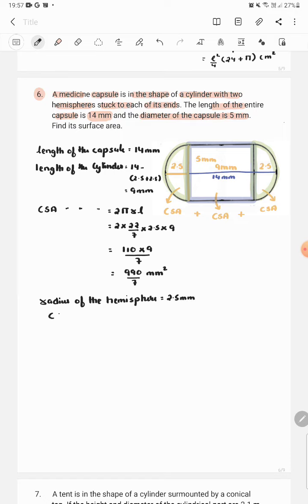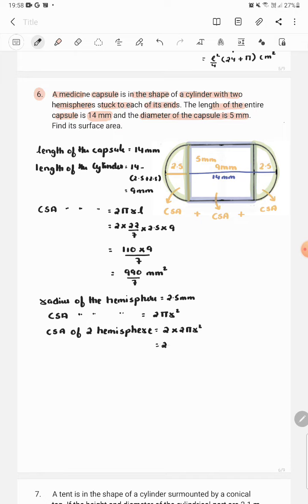So curved surface area of the hemisphere is equal to 2 pi r square. So curved surface area of two hemispheres, because there are two, because there are two we will multiply by 2. 2 multiplied by 2 pi r square.